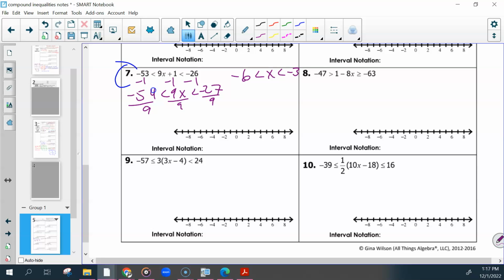So both would be open circles. It would be short. And how would we write that interval notation? Yep, just like that. Any others we want to see, have questions about, want to go over?